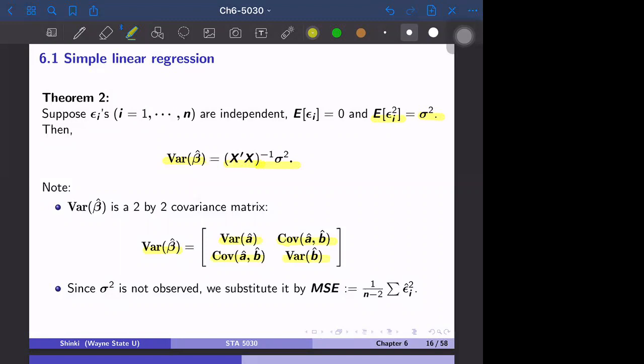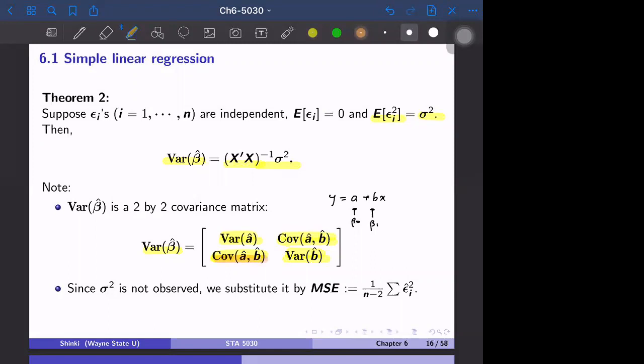So diagonal terms are the variance of beta naught and the variance of beta 1. So here y is equal to a plus bx. So sometimes I say this as beta naught and this as beta 1. But anyway, the variances are in the diagonal terms, and in the off diagonal terms we have covariance.